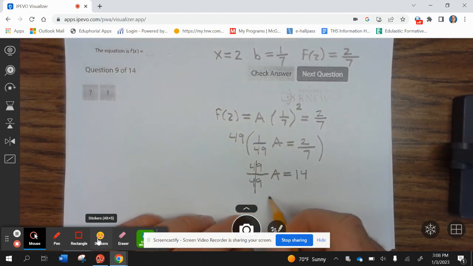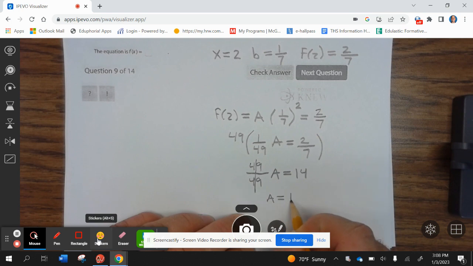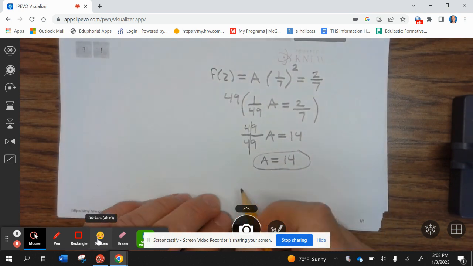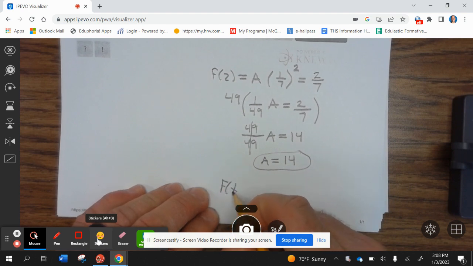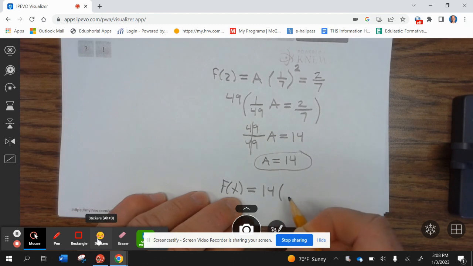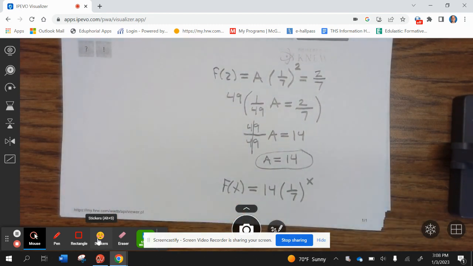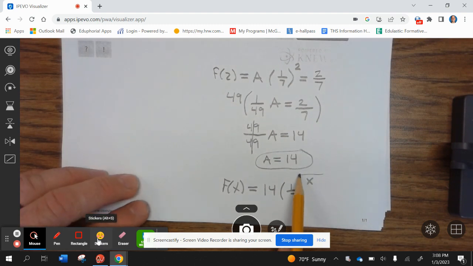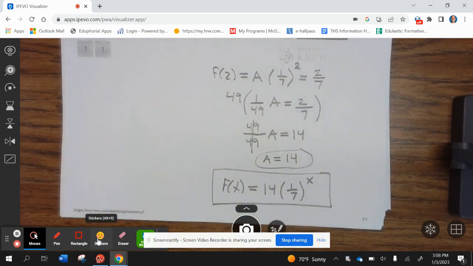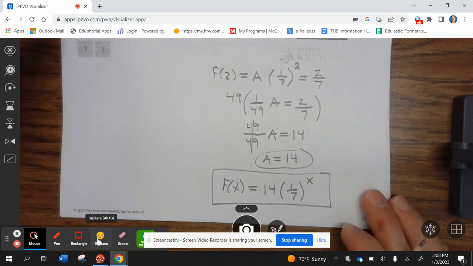So that divided becomes 1, so a equals 14. So our equation is f of x equals 14 times the b value, which is 1/7, to the x power. All right, go ahead and finish up the example.